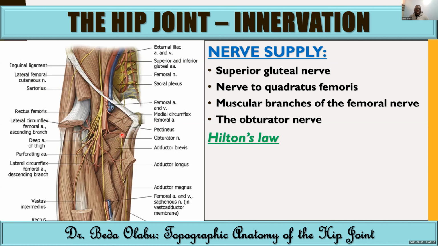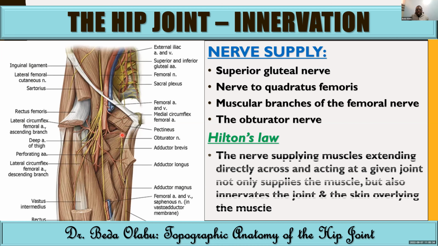Now, remembering innervation of a joint should not be a difficult thing if you know what Hilton's law states. Hilton's law states that the nerve supplying muscles extending directly across and acting at a given joint not only supplies the muscles, but also supplies the joint as well as the skin around that muscle.